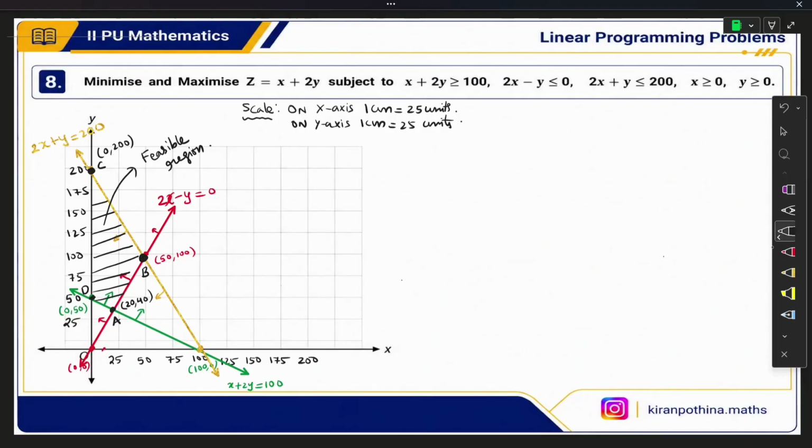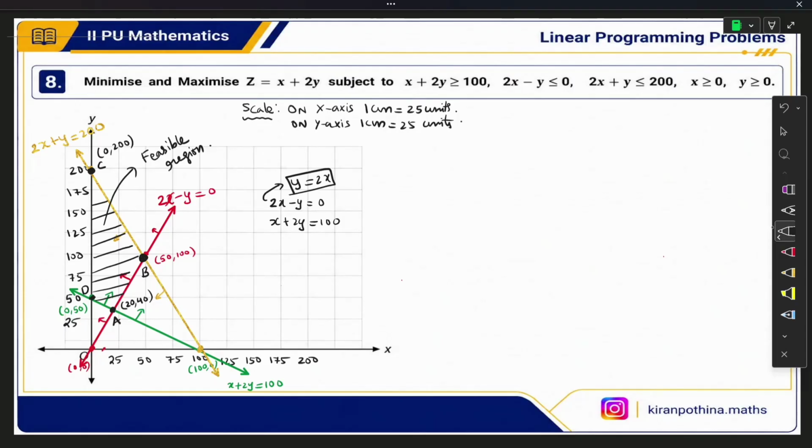But can you observe from here where is 20 and where is 40? No. When you cannot observe the point correctly, whether we have to take 20 or 15, we need to simplify the two equations. So I will simplify and show: 2x minus y equal to 0, and the green line is x plus 2y equal to 100. From the first equation we can consider y equal to 2x.